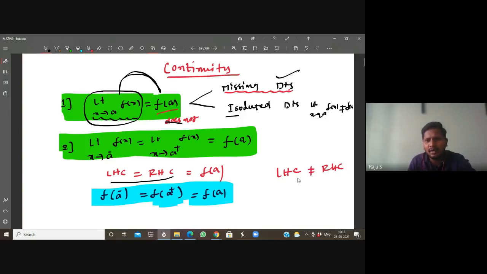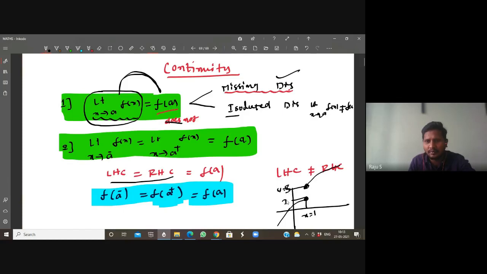Clearly, I have given a graph example also. For example, this is the x-axis, y-axis, this is the graph. Here I am taking x is equal to 1, y value is some 3. And at the same x is equal to 1, the curve starts like this. Here I am taking y is equal to 5, but x is equal to 1 only.